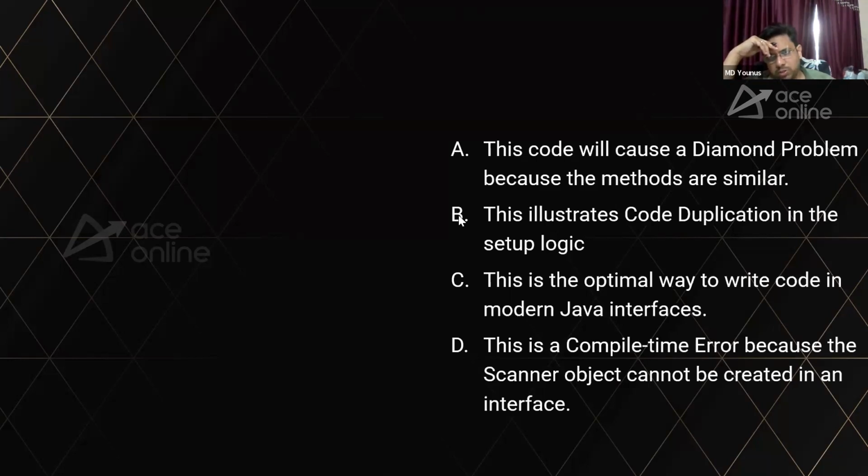Option B, this code illustrates duplication in the setup logic. Option C, this is the optimal way to write the code in modern Java interfaces. Option D, this will give a compile time error because a scanner object cannot be created in an interface. Which option do you think is closest to the given problem?